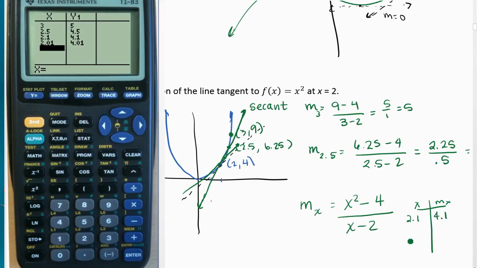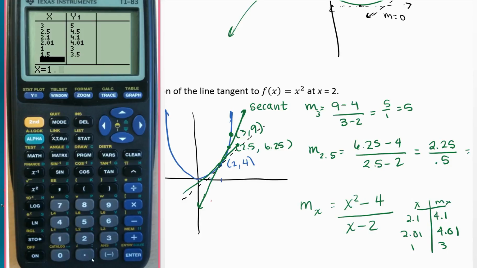Well, then we get 4.01. What if we picked a number? We didn't have to pick a number bigger than 2. We could have picked something less than 2. What if we picked something like 1? Well, then we would have gotten 3. And what if we picked something less than 2 but bigger than 1? If we picked something like 1.5, then we get 3.5.